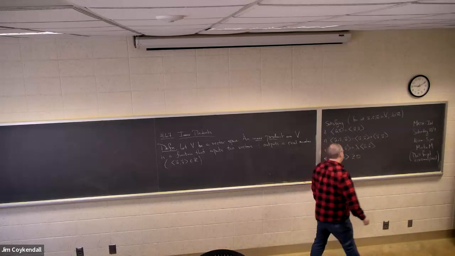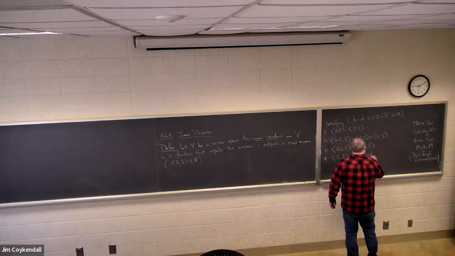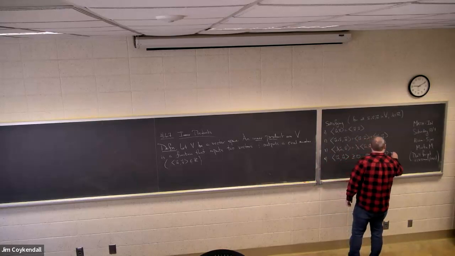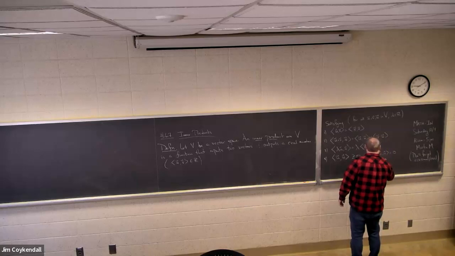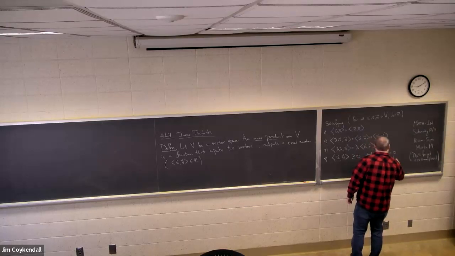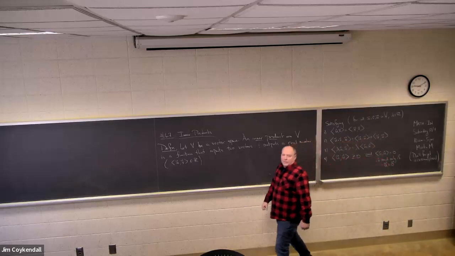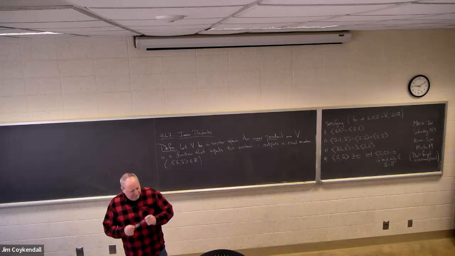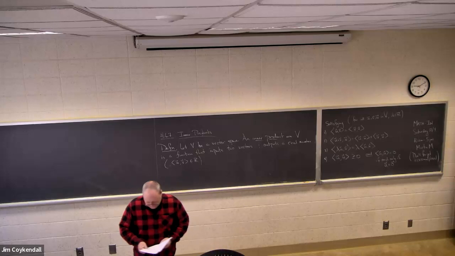And I also want the inner product of u with itself to equal 0 if and only if u is the 0 vector. So the only vector whose inner product with itself is 0 is the 0 vector.